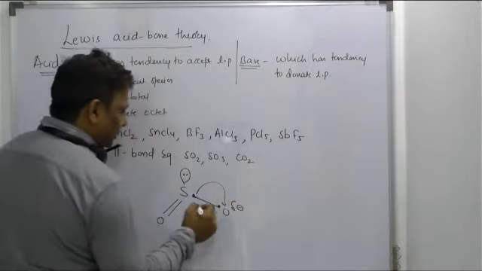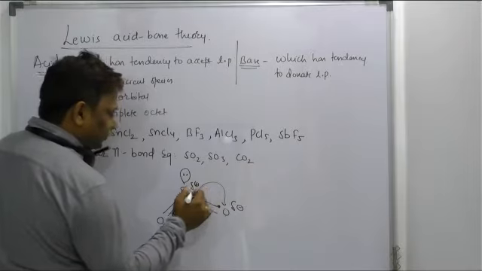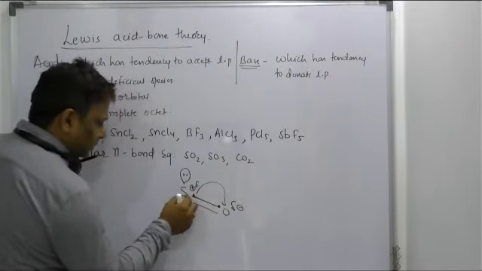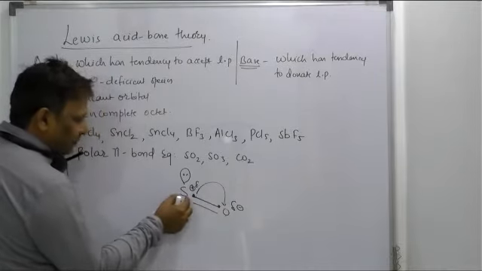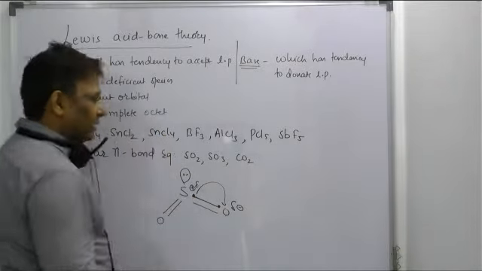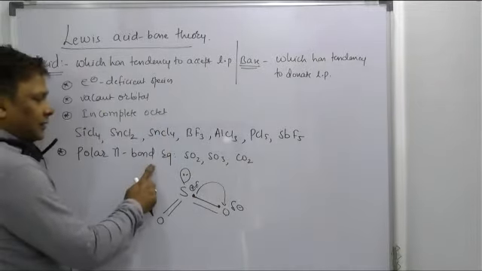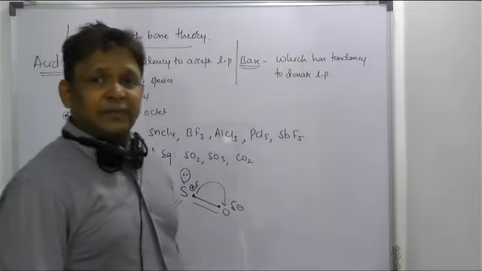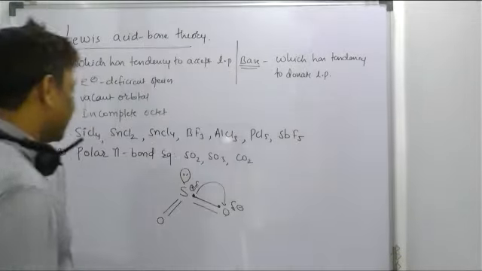In these species, sulfur is having a partial positive charge, so sulfur is the electron deficient center. That means it has a tendency to take the electron. Hence, wherever polarity is there in the pi bond, it must behave as a Lewis acid.